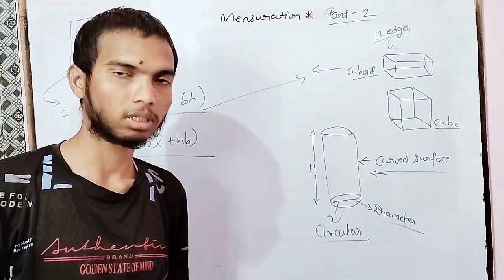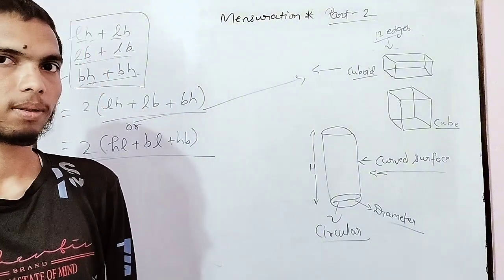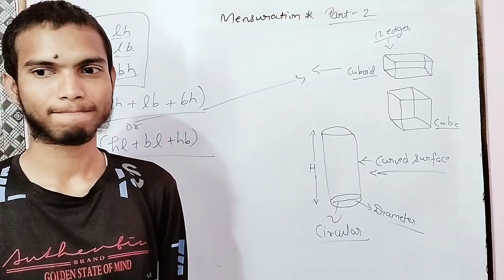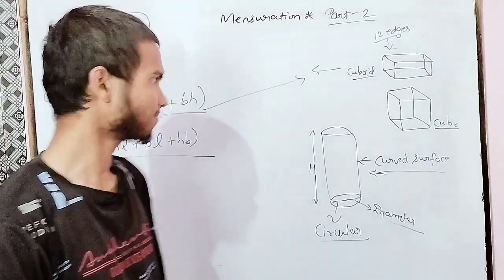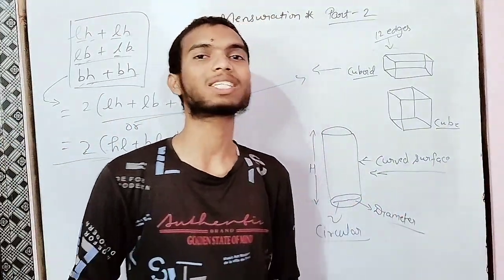So to find the area of a cuboid, it is 2 HL plus LB, HB. Now a cube has all sides equal.